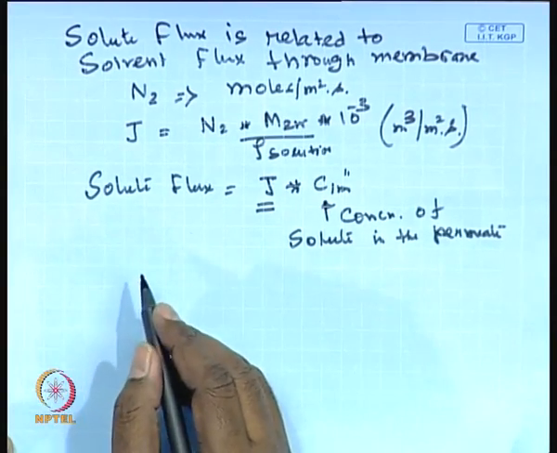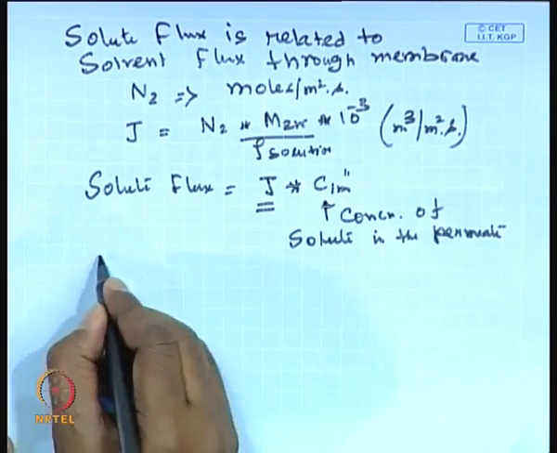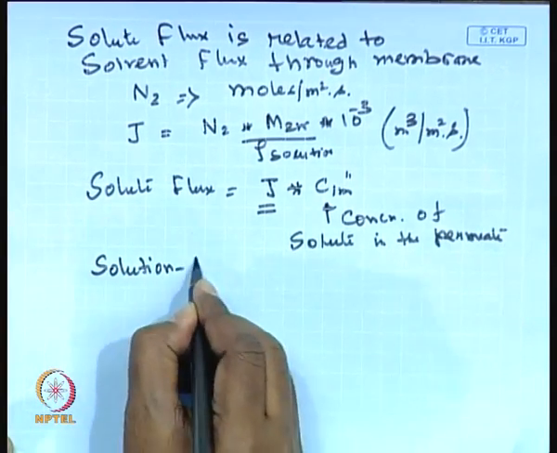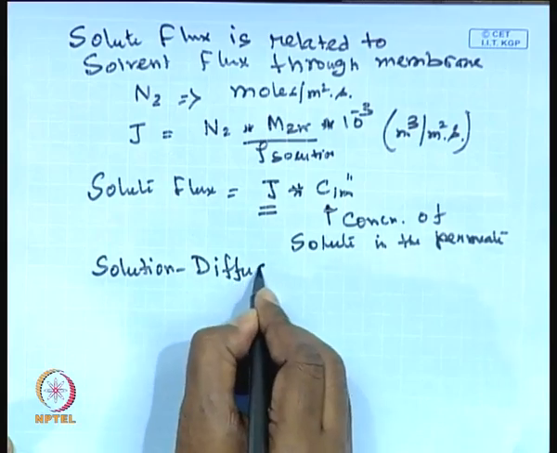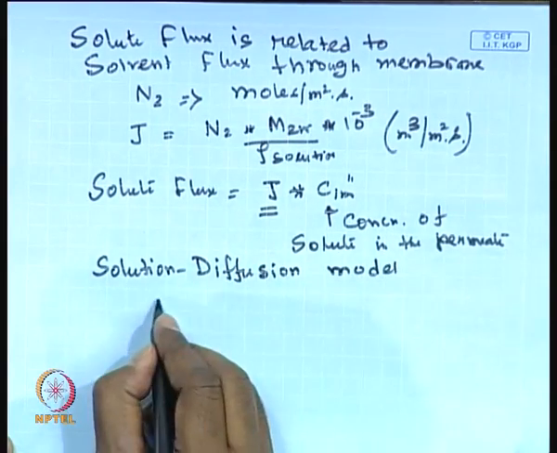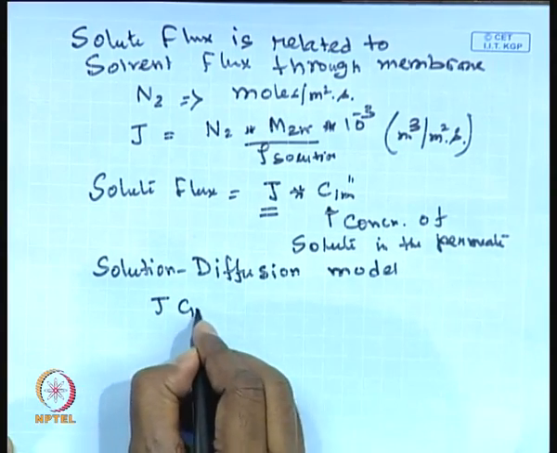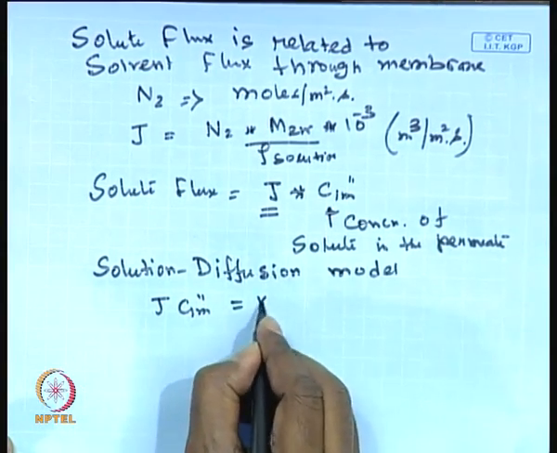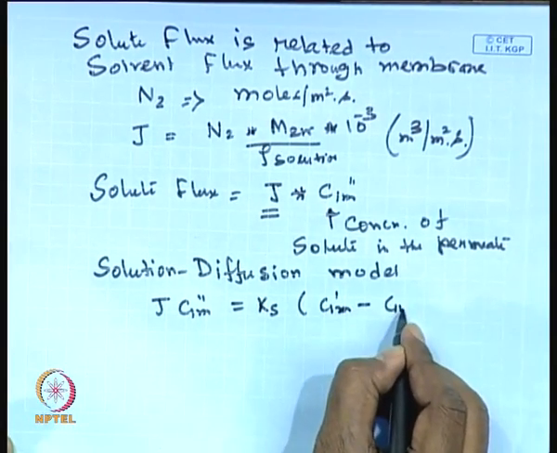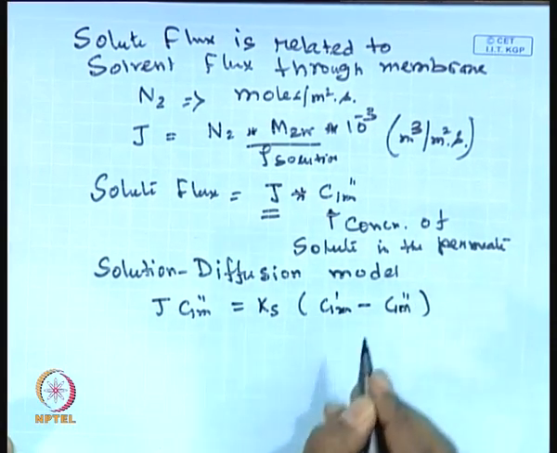Now, therefore, the solution diffusion model can be written as J C1m double prime equals a constant Ks multiplied by C1m prime minus C1m double prime. Okay.